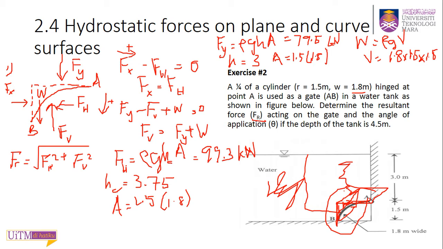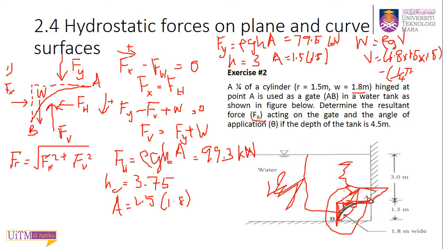But not yet. This is the total volume for the cuboid, so you need to subtract the volume of this quarter cylinder. How do you find the quarter cylinder? Quarter pi r squared.